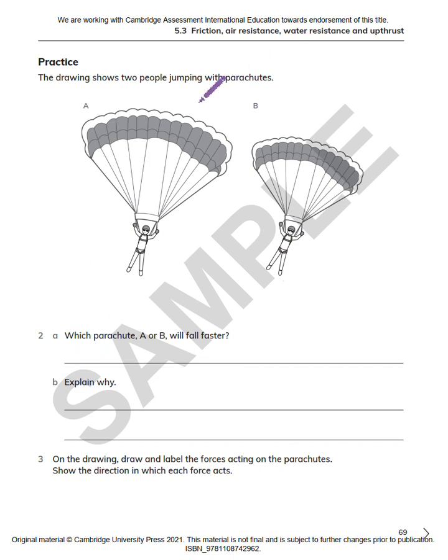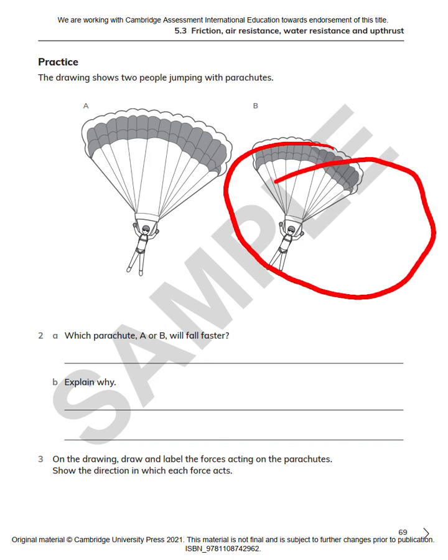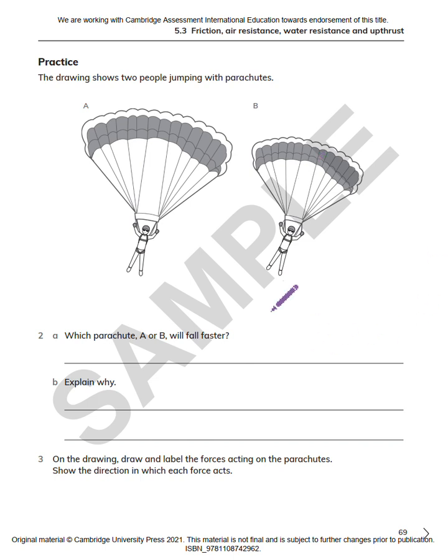So person A has a larger parachute than person B. So that means that person A receives more air resistance, and person B receives less air resistance and therefore is going to fall faster. So parachute B will fall faster because it has less air resistance.